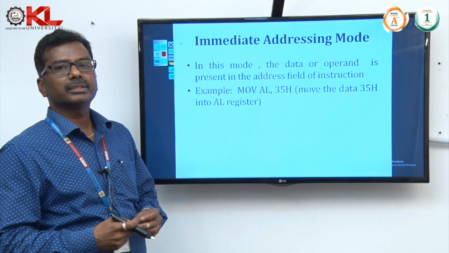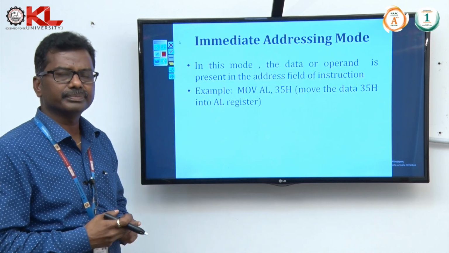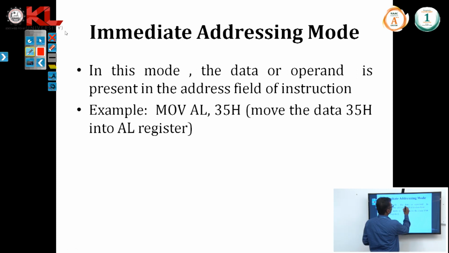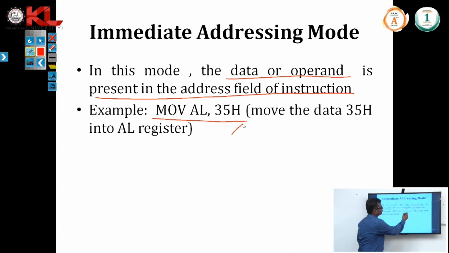Let us start with the first one, immediate addressing mode. This is the simple addressing mode where the CPU doesn't make any references. Immediate addressing mode means the data or operand is present in the address field of the instruction format itself. For example, let us say a simple instruction, MOV AL, 35H.